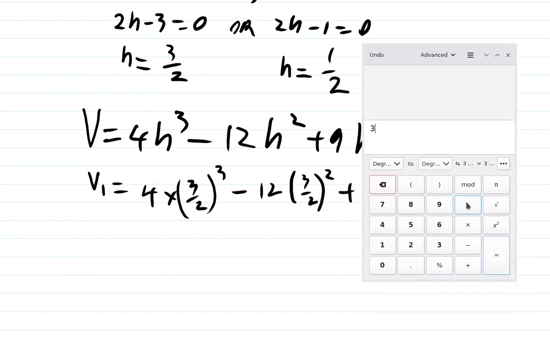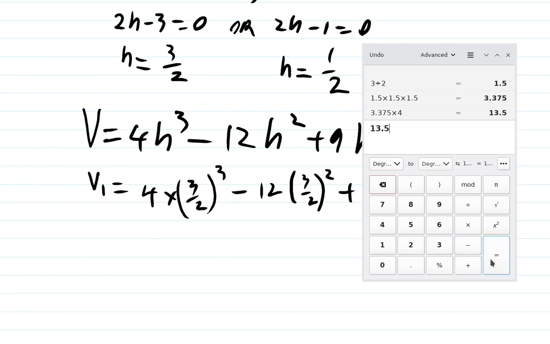So 3 over 2 equals 1.5 times 1.5 times 1.5. That's the same as 3 over 2 cubed, times 4.